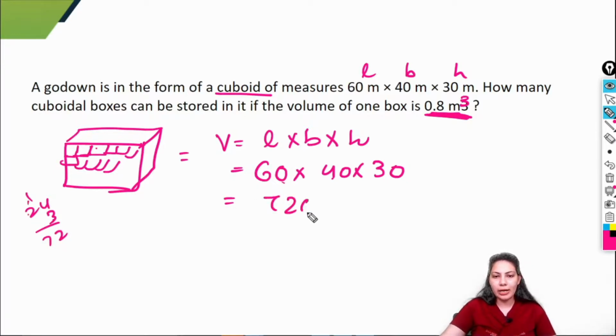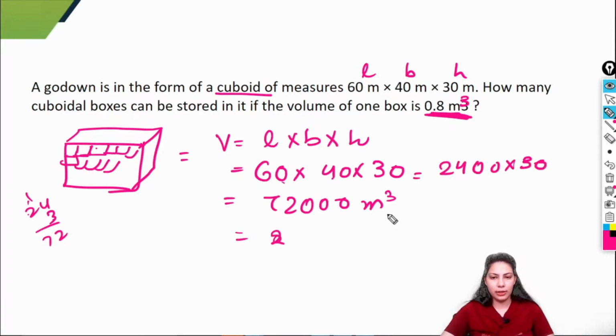So 72 and triple zeros. This is the basic volume of the cuboid.